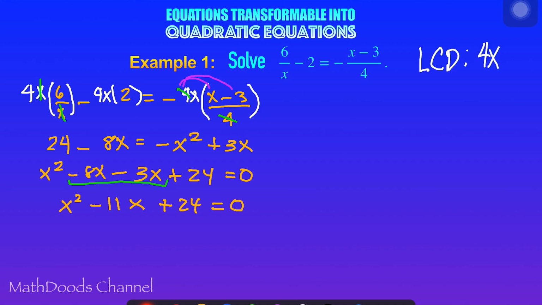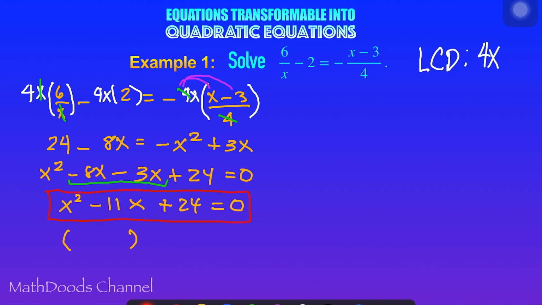Ayan na yung quadratic in general form. Quadratic equation in general form. Isa sa mga sagot. Tapos ifa-factor natin yan. Isi-solve pala natin. Any method pwede.